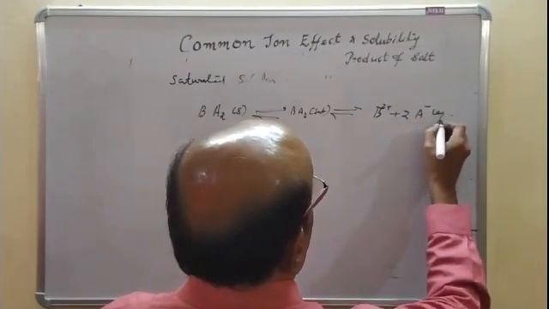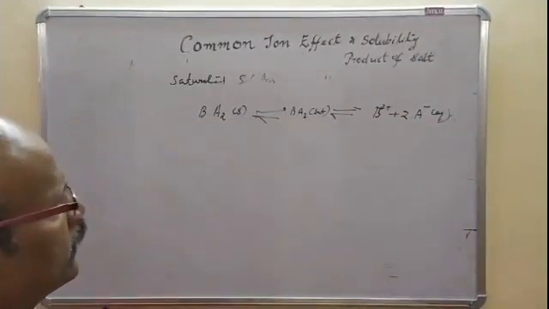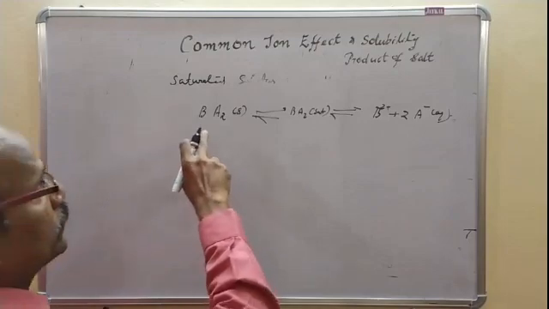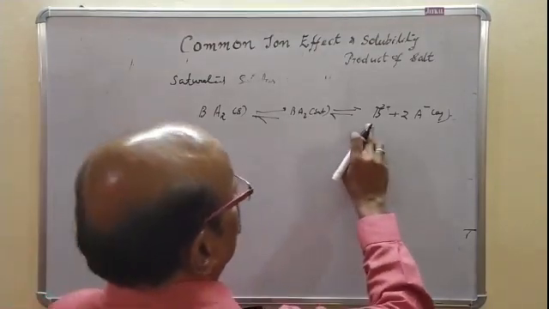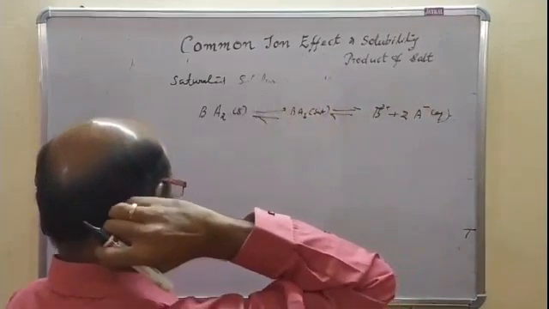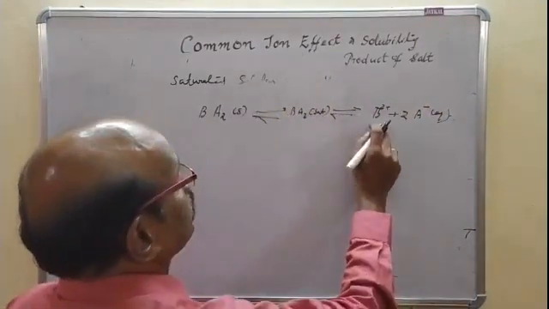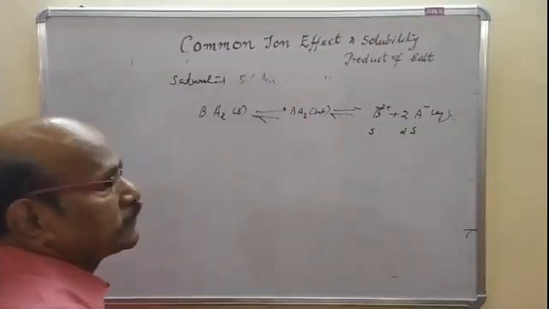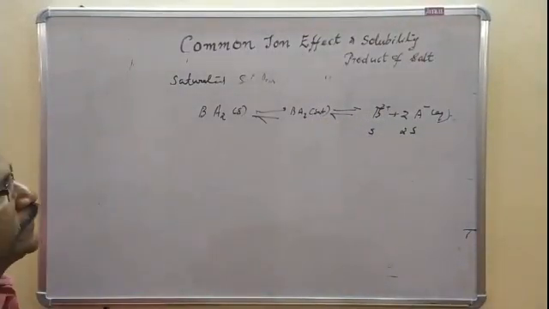This is the situation. Suppose S is the solubility. You know that 1 BA2 gives 1 B2 plus ion and 2 A minus ions. Therefore, if S is the solubility, it will give S of B2 plus and 2S of A minus ion.